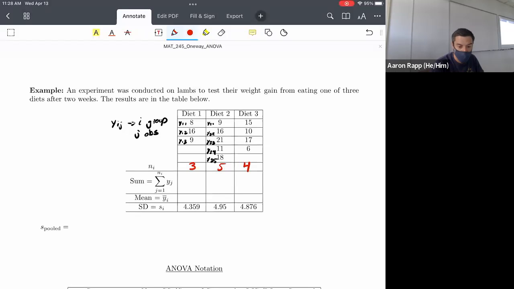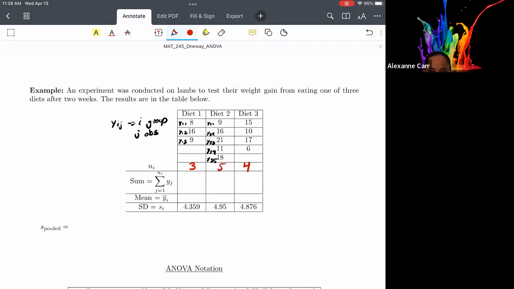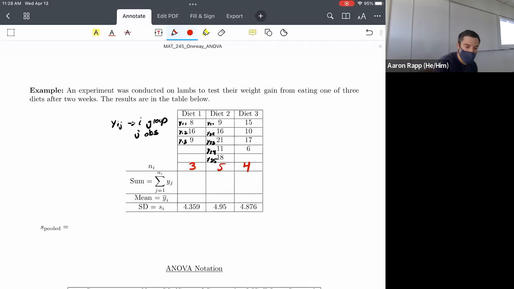So for the first diet, what is the sum of all the observations going to be? 33. I take 8, add it to 16. I'm going to get 24.